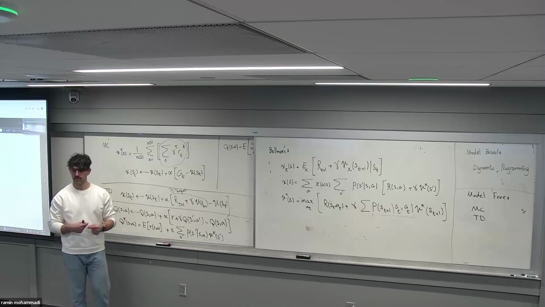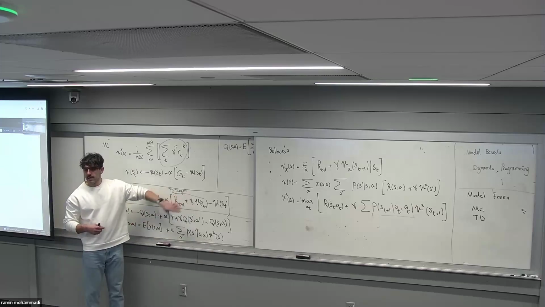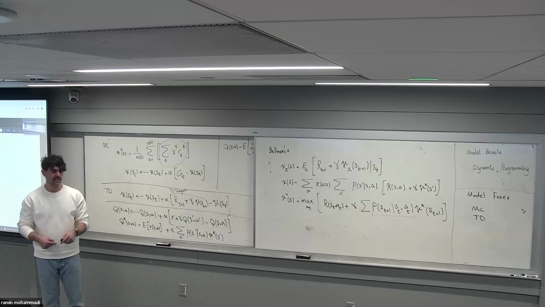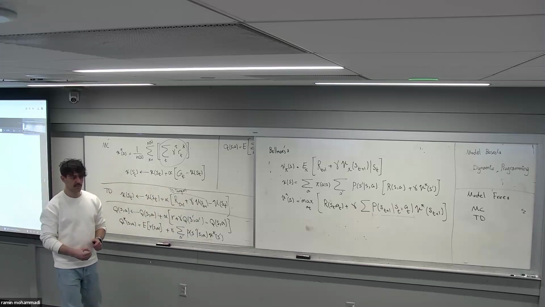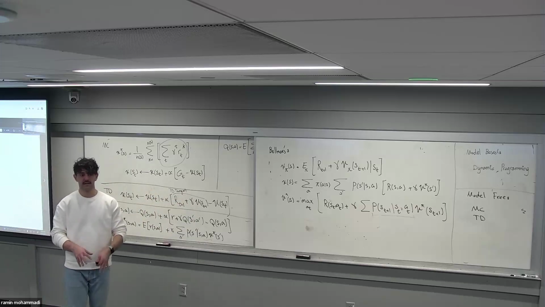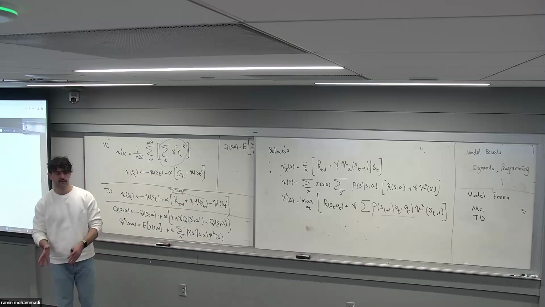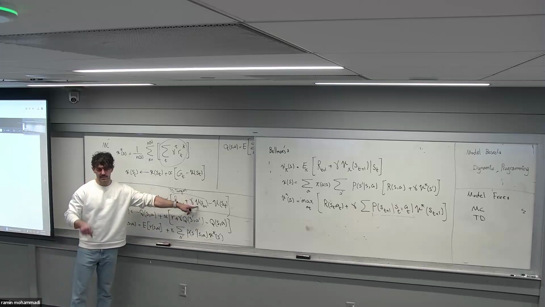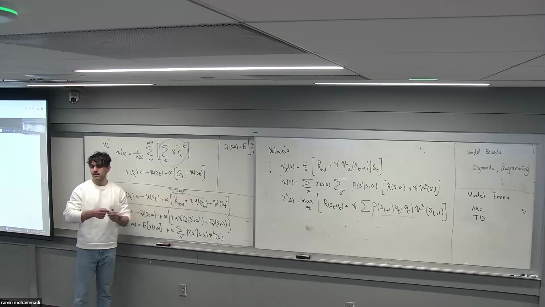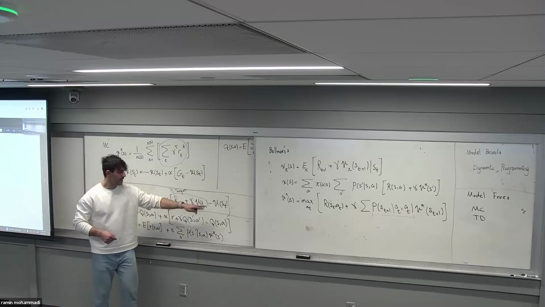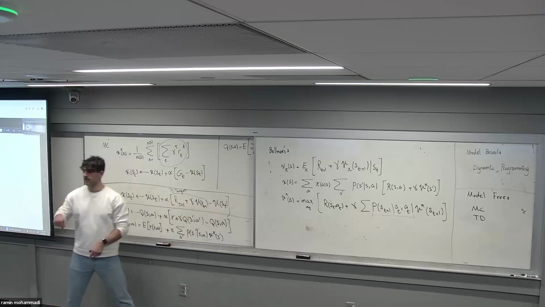That TD target tells you that I'm right now here, I took an action, I got this much immediate reward, and the state that I landed in is worth, for example, 10 points. I sum that as an immediate reward plus discount factor gamma times the next state's value. That becomes my TD target. All right. TD target minus your previous belief about the state that you were in.